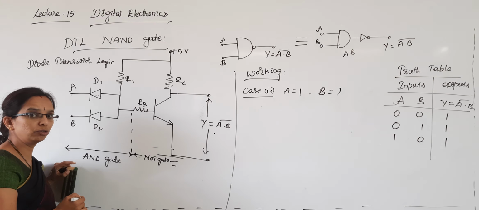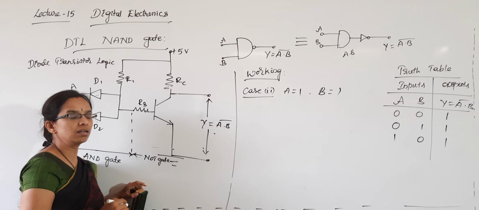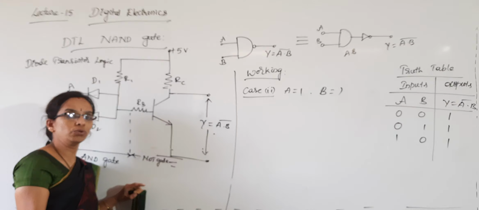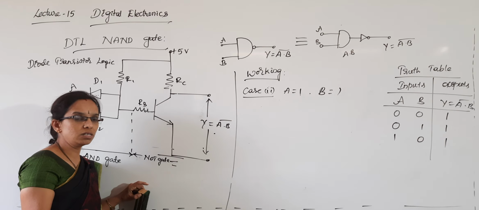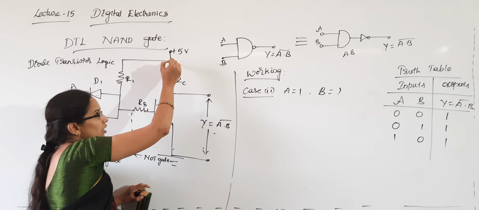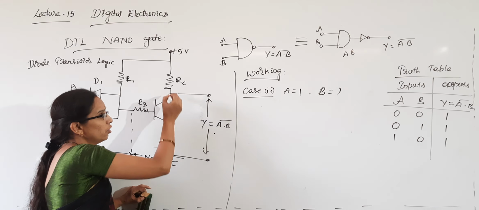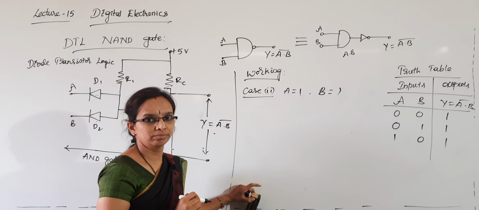Current needs a path to flow, so it will take RB and enter the base of the transistor. The transistor will reach saturation mode and acts as a closed switch. So, whatever current flows through RC will enter the transistor and reach the ground. No current will come to the output.